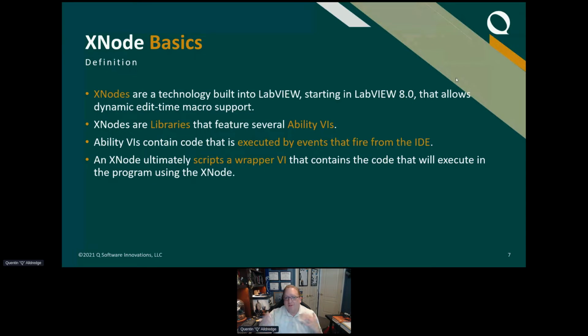Ultimately, though, there's a lot of code that deals with that interaction with the user during edit time. What actually gets created for runtime is an ability that scripts code, and that code is what gets called in execution at runtime.